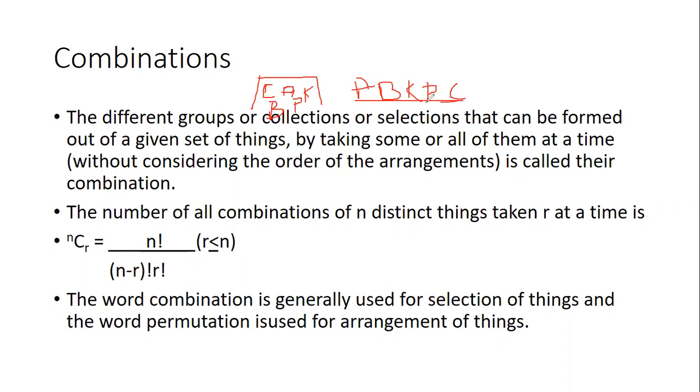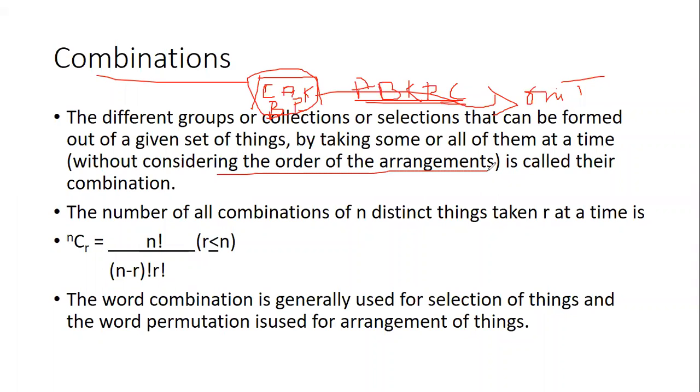There is no rule like this. I can pick anything that I want, or if I don't want any of this, I will go to a different store and buy onions or tomatoes. So in combinations the order of the arrangement will not matter. It is just the combination of things, or just joining two or more or all of them together.